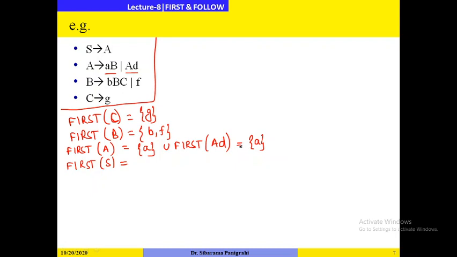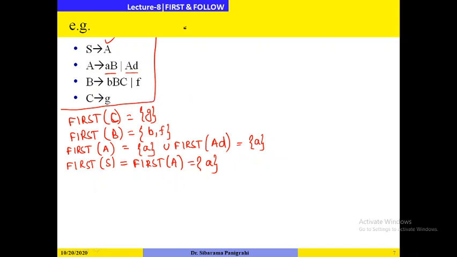First of A minus epsilon union first of D. But here A doesn't contain epsilon, so you will not get anything. So you will get A. Next, first of S. First of S is nothing but first of A. So first of A is A, so you have got A.